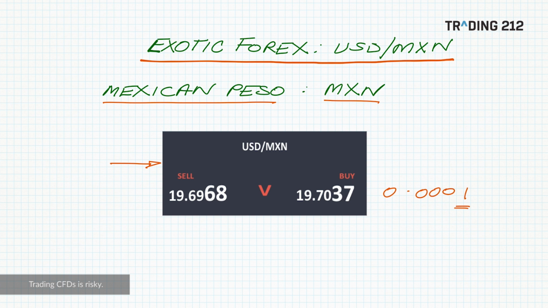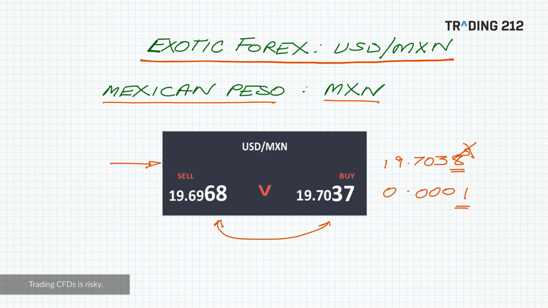So if this offer quote was to go from 19.7037 to 19.7038, that's an increase of 1 pip. Also note there are no fractional pips. There's no little number up here, so there's no fractional pips. And you'll also notice that the bid-offer spread is much wider than we've seen for the major currency pairs, where those bid-offer spreads are razor narrow.